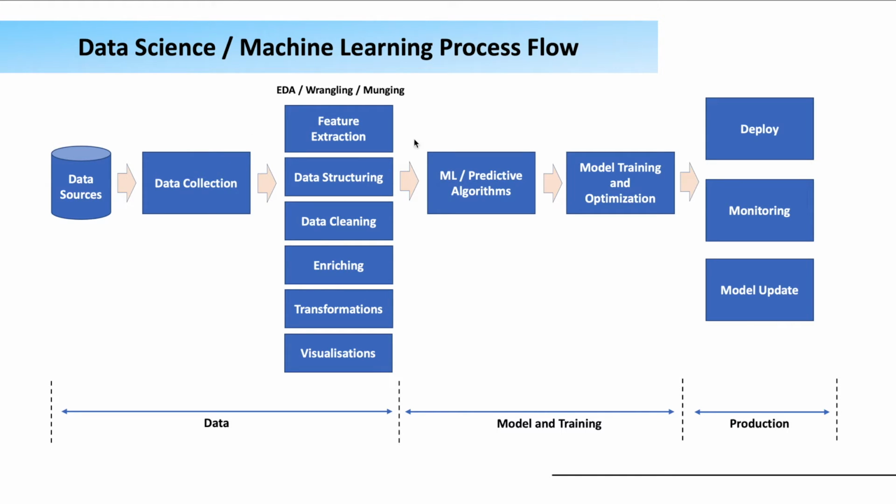And mind you, by not focusing on model training and production, we are not missing anything today, because at least 60 to 70% of your work in a data science machine learning project is going to involve these steps of finding out the right data sources, setting up collection methods, and performing your EDA, wrangling, munging, etc. Okay, so with that, we will move over to the coding part.